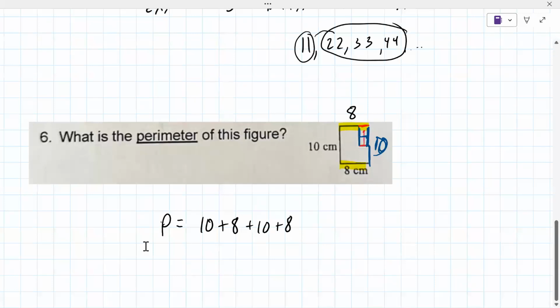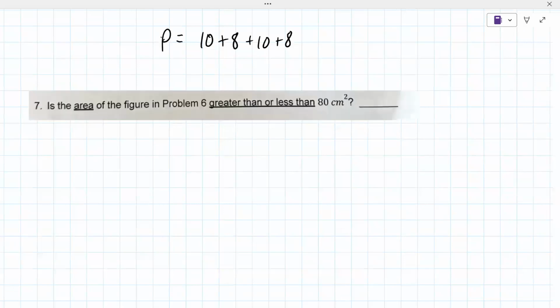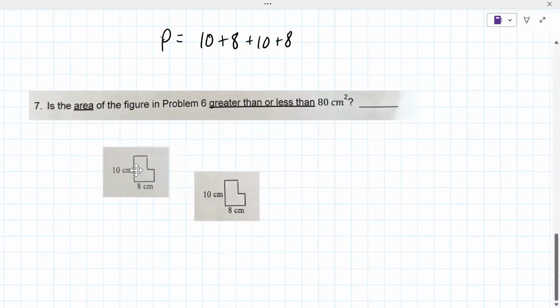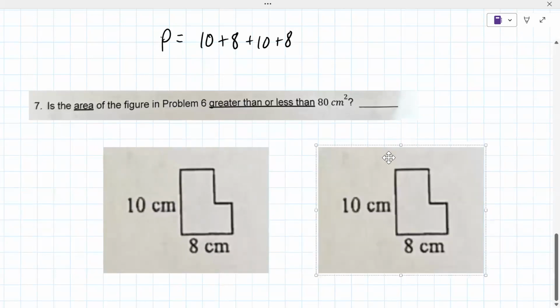All right. So for number seven, you're looking back at this figure here, and it's kind of like the discussion we were just having: what happens if you were to bump out those walls?